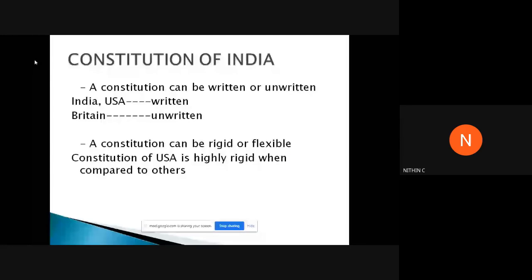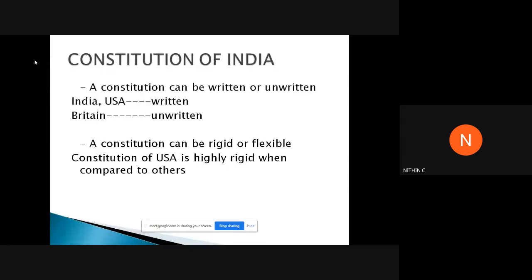So how does our constitution fall in these categories? We had evolved and enacted constitution, we have written and unwritten constitution, and we also had rigid and flexible. How will you write about the Indian constitution?